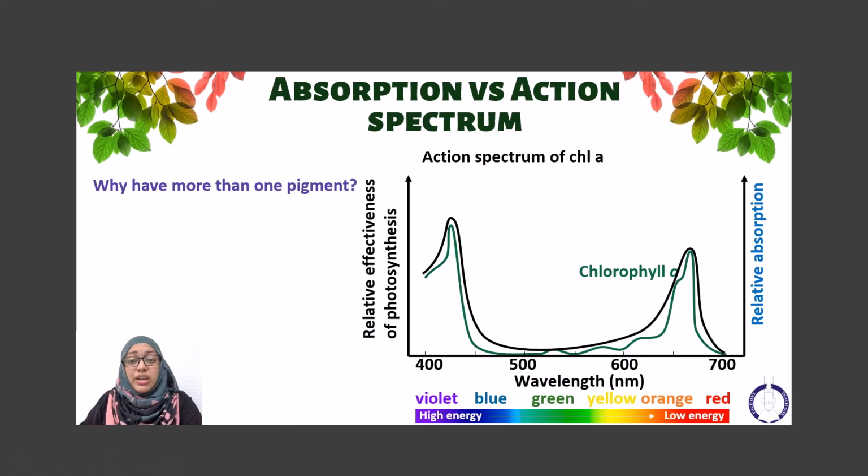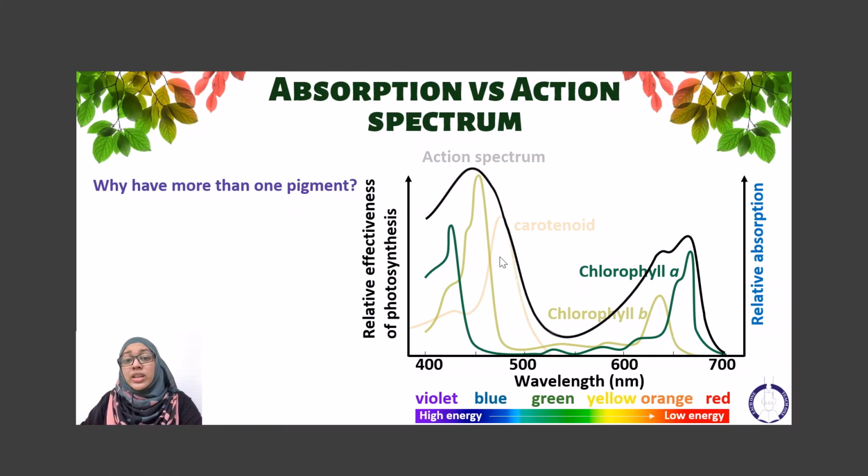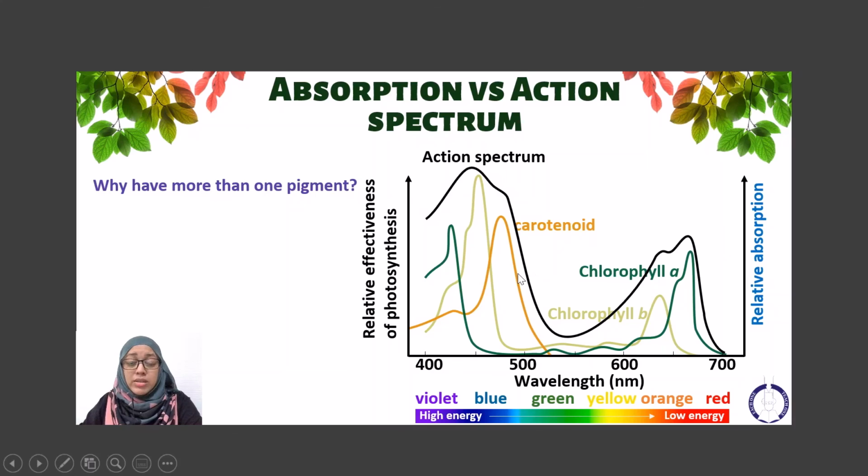But if you add to that chlorophyll B in addition to chlorophyll A, you would have a wider range of wavelengths that can now be absorbed and therefore used for photosynthesis. Add to that the carotenoids, you would have an even wider range of wavelengths available for photosynthesis.